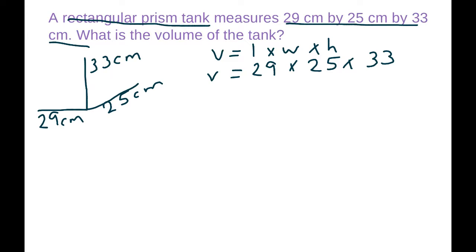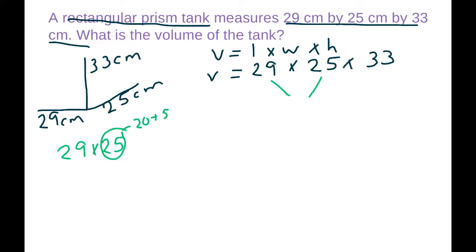All right, so the first thing we're going to do is 29 times 25. I'm going to do the calculations down at the bottom. Remember, we can break apart 25 into 20 and 5.